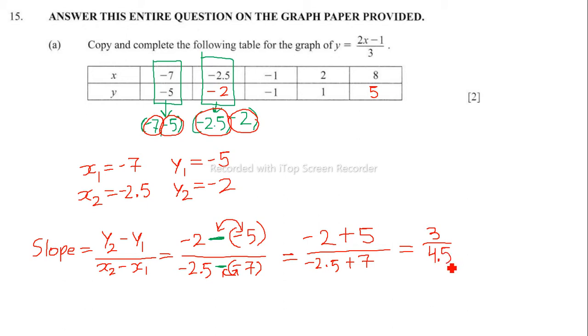Okay, so this is 3 divided by 4.5. What is 3 divided by 4.5? It's not negative.